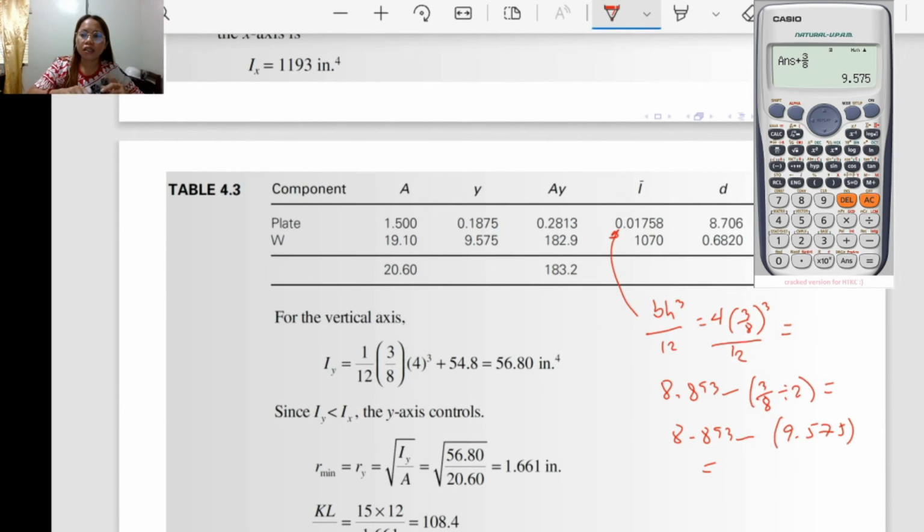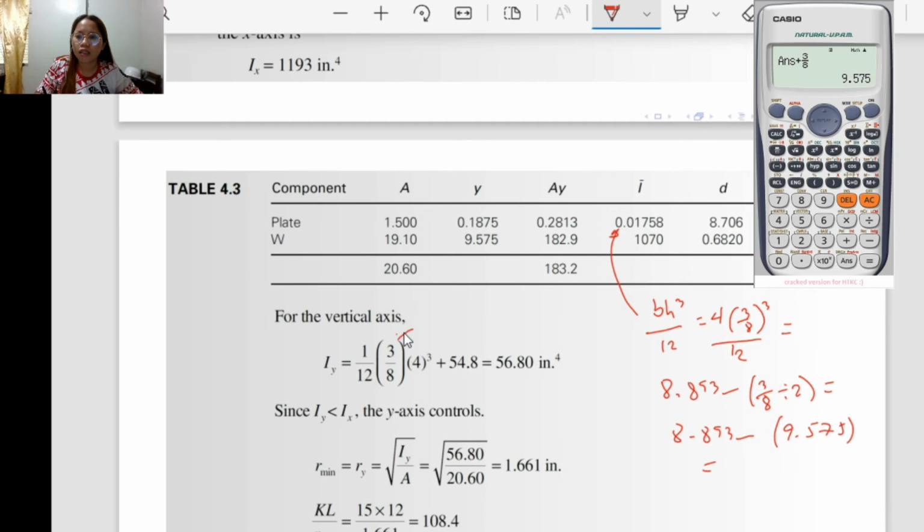So this one is for the plate. And this one is the wide flange, W shape, but this is from the table, no?